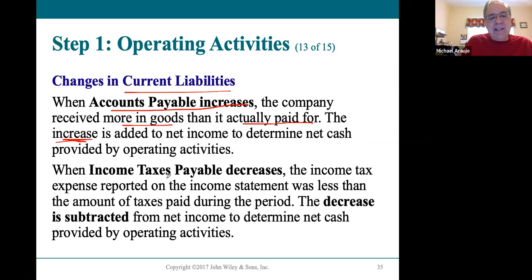And if taxes in this case went down, that means we actually had to pay cash. Sorry, if income tax payable decreases, the expense on the income statement was less than the amount that we actually paid. And so we subtract that from the cash flow statement.